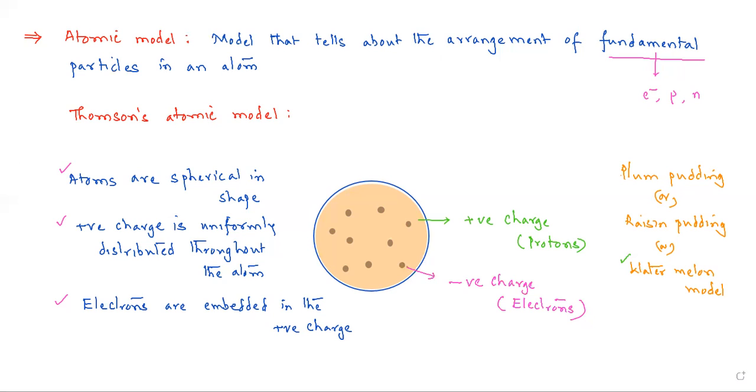Later on, Rutherford and his students, Geiger and Marsden, based on their experiment, proposed another model. Let us see that. Now the second prominent model that was proposed about the atom.